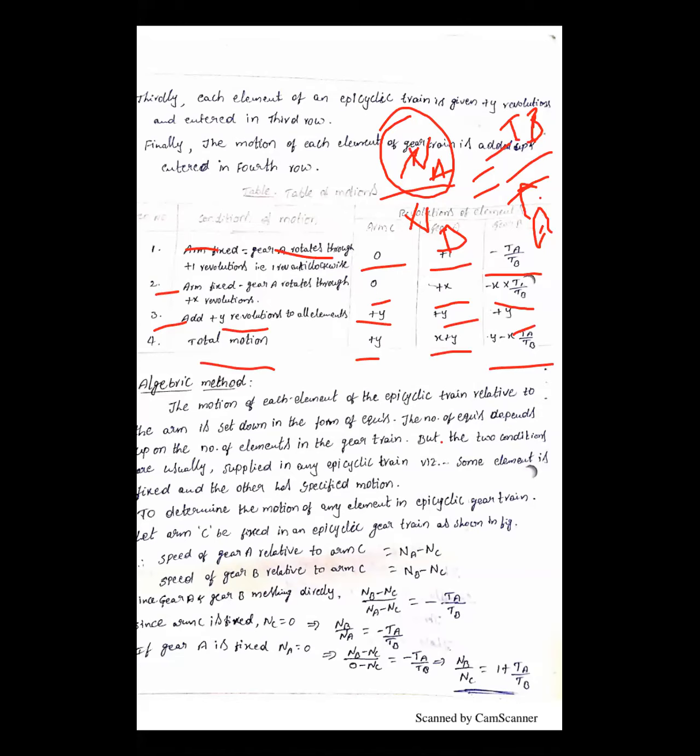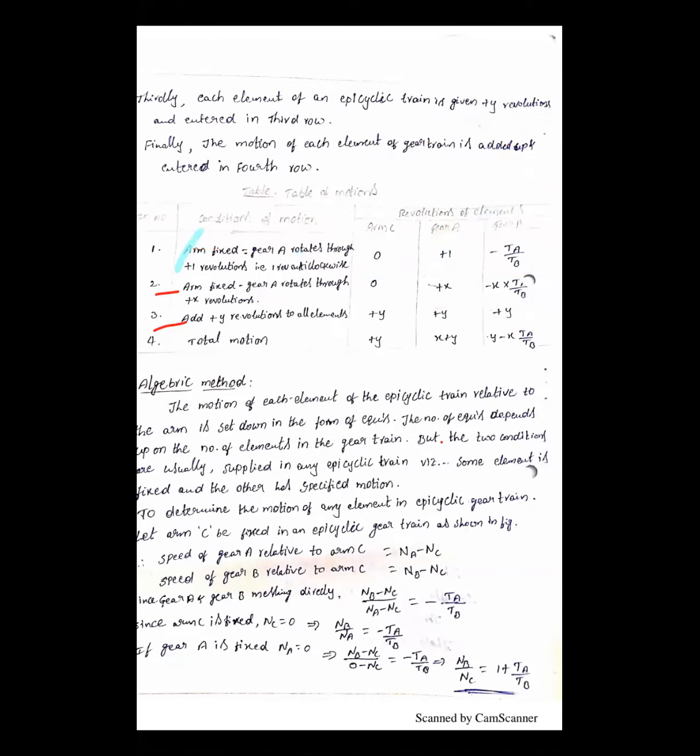Now, this is the tabular column method. Now we are going to find the algebraic method, to find the velocity. So to find the speed of the gear, before that, let arm C be fixed in an epicyclic gear train as shown in the figure.